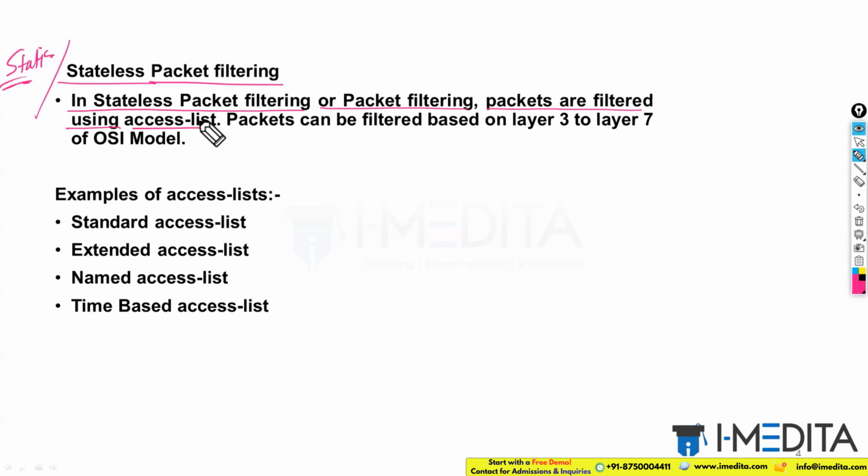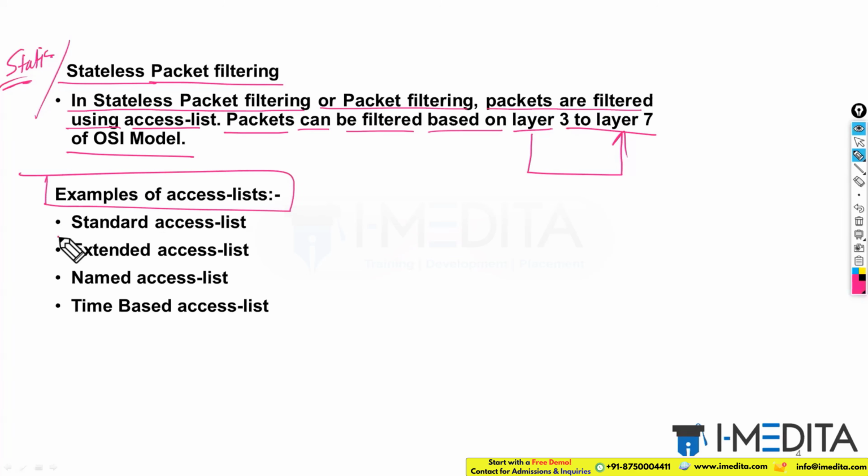We use different types of access lists, and packets can be filtered based on layer 3 to layer 7. The types of access list are standard, extended, named, and time-based.